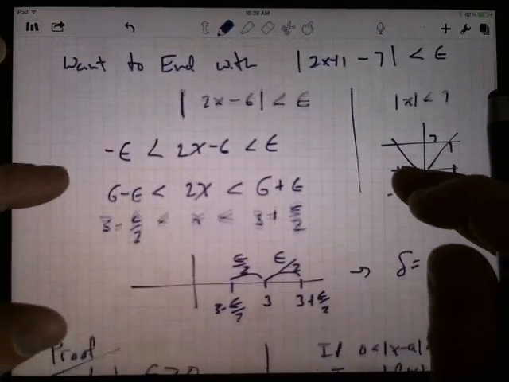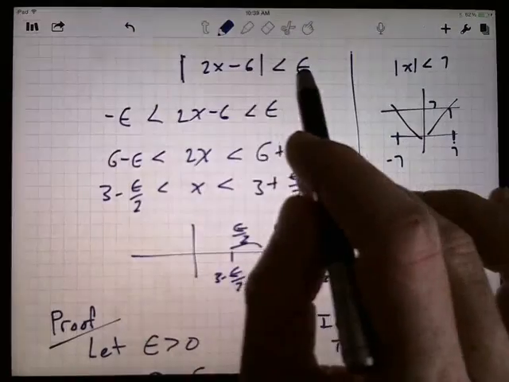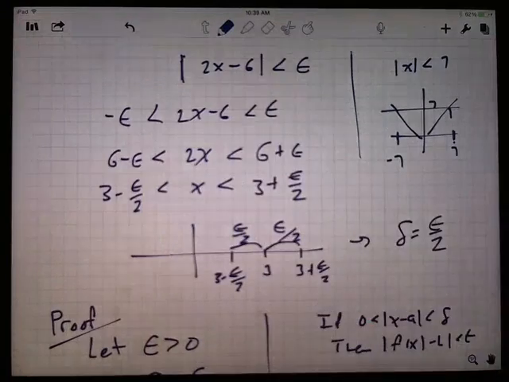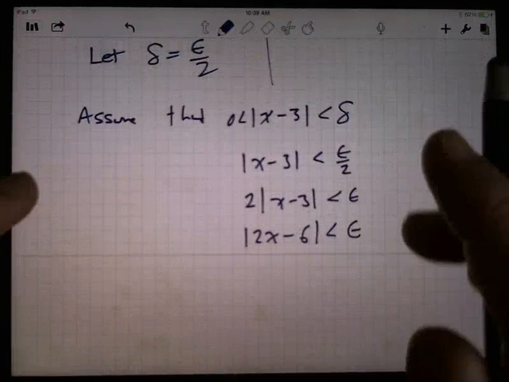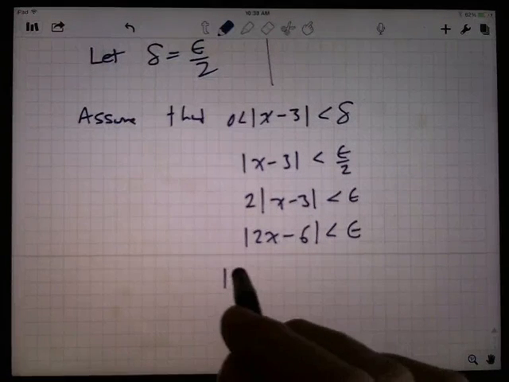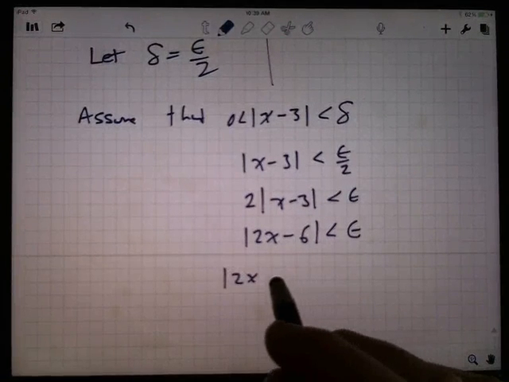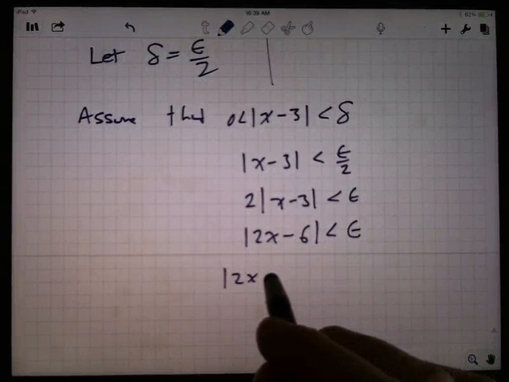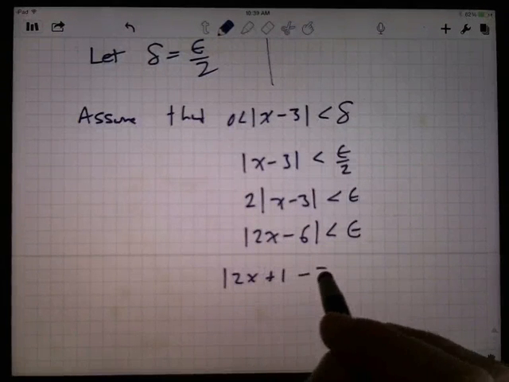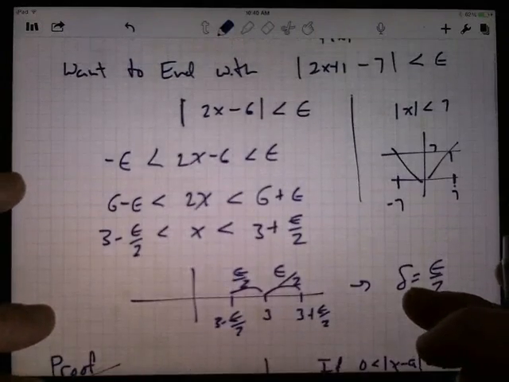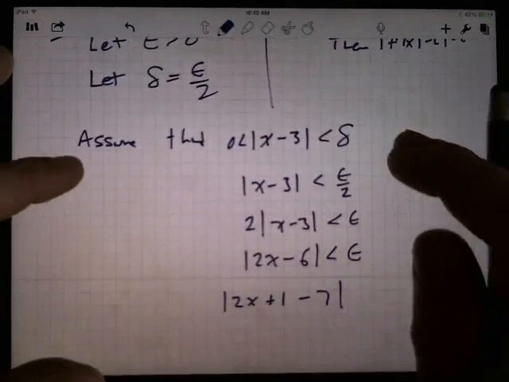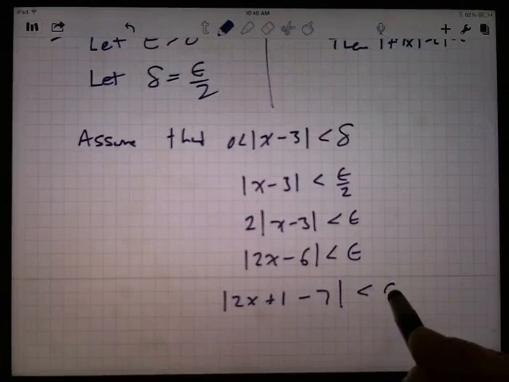Because at this stage here, but where did that come from? That came from here. So let's work that backwards and just say, okay, this is now 2x plus 1 minus 7. Is that what I had? I'm sorry, I've forgotten already. 2x plus 1 minus 7, yeah. All right, is less than epsilon.